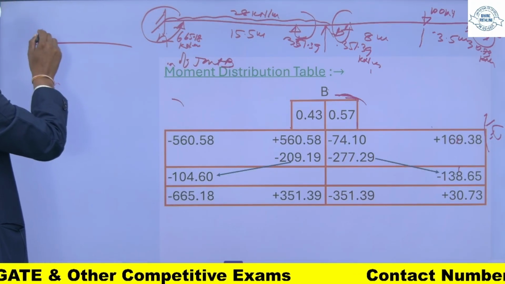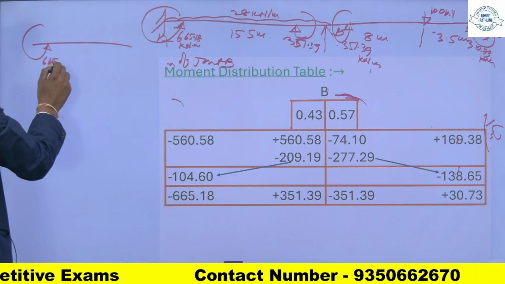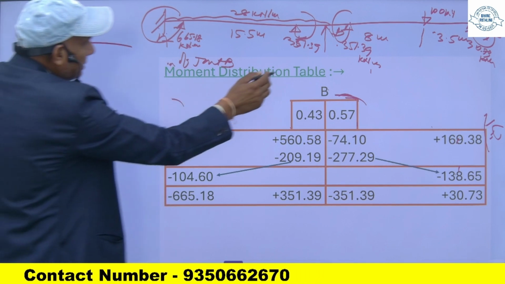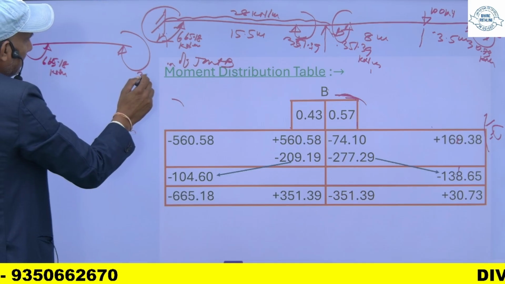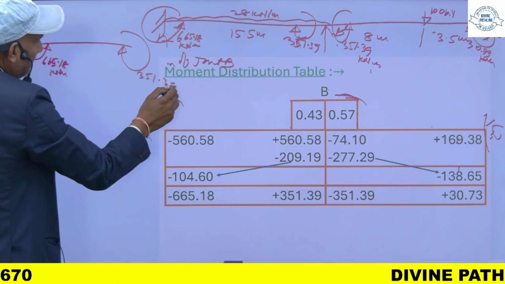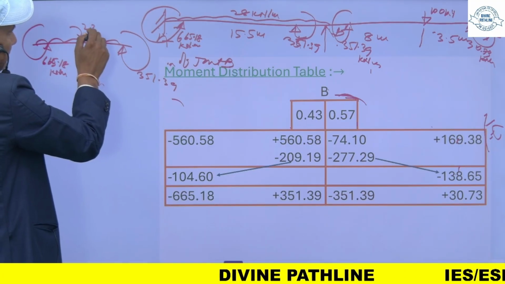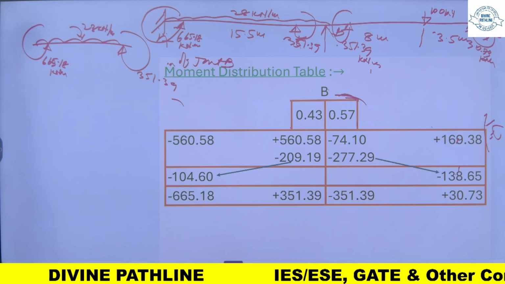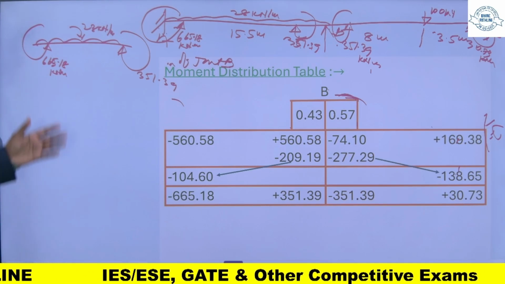This moment is 665.18, and this is 351.39, and this is a UDL of 28 kilonewton per meter. So you see the direction of the arrow.